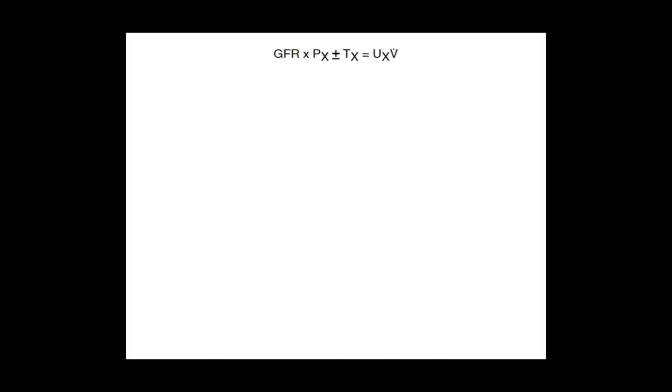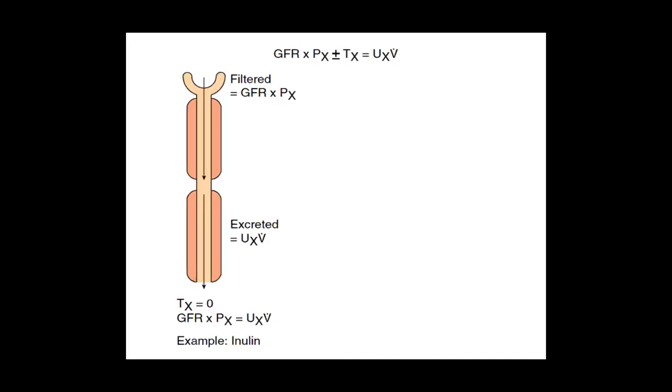So let me give you certain examples of tubular function, or what I have discussed till now. So first of all, this is the nephron equation, I have told you plenty of times. PxGFR plus minus Tx is equal to UxV. So let us see the first example.